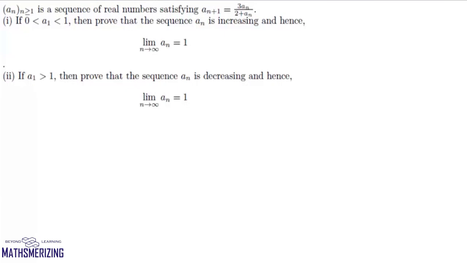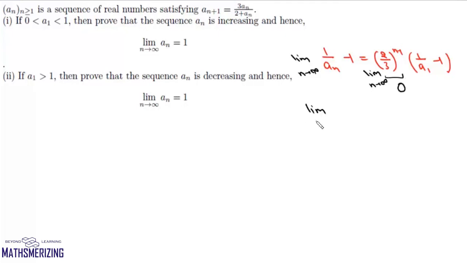Now in both the cases, we need to prove that the limit of the sequence is 1. Using the recurrence relation, we can write 1 upon a_n minus 1 will be equal to (2/3)^{n-1} times (1 upon a_1 minus 1). Now if we take this limit as n tends to infinity, this limit will be 0.